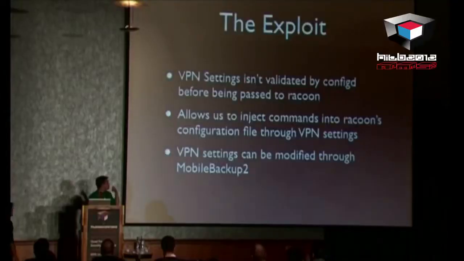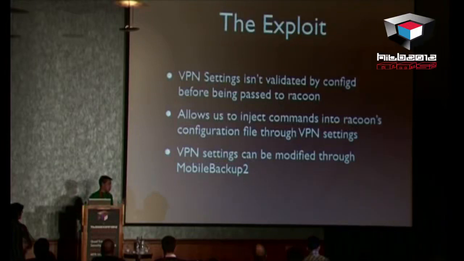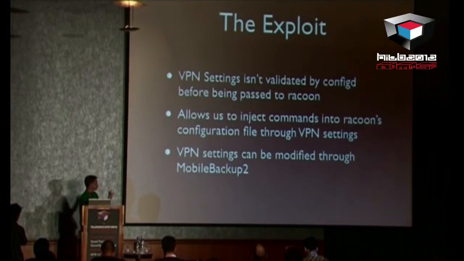The actual exploit here is in VPN settings. It doesn't properly validate the input sent through it. It never checks if you just stick a quotation mark and semicolon there. You can just add on new ones. So VPN settings are injected through configd, which are passed into Racoon.